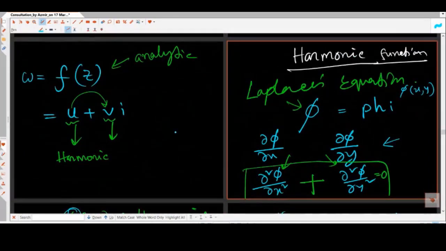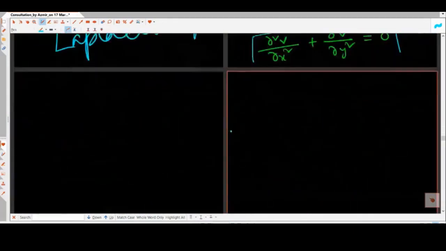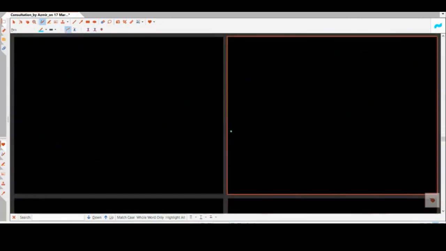So suppose we have u. What will be the procedure to find v? v is known as the harmonic conjugate of u. Let me solve one problem directly, then you will understand.